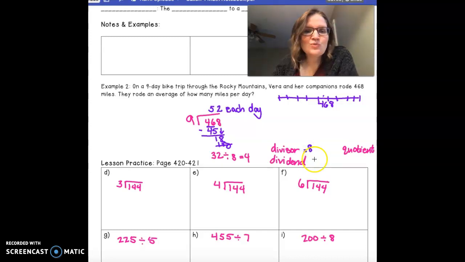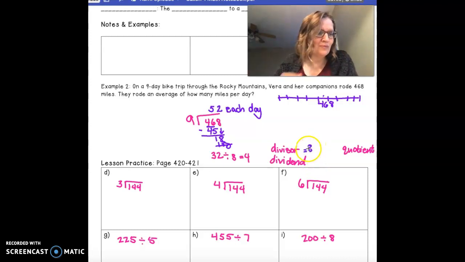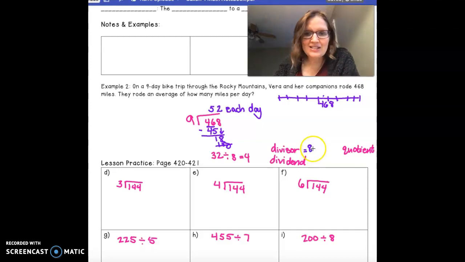Our dividend is what we are breaking up, and that is 32. And our quotient is 4. Love a good quotient.